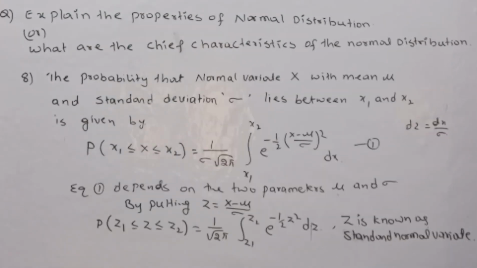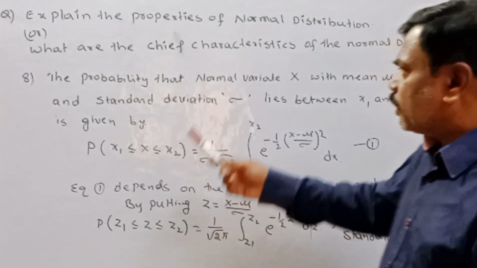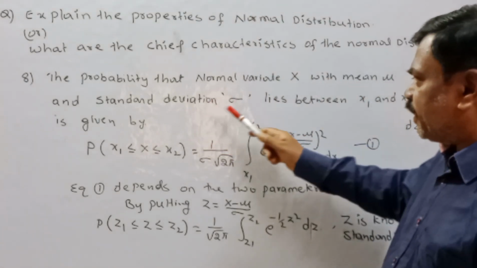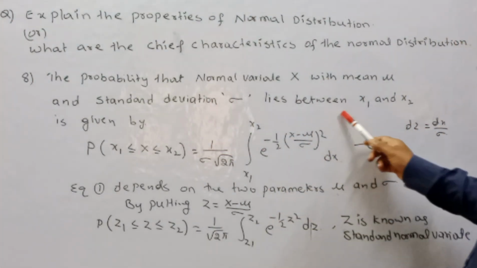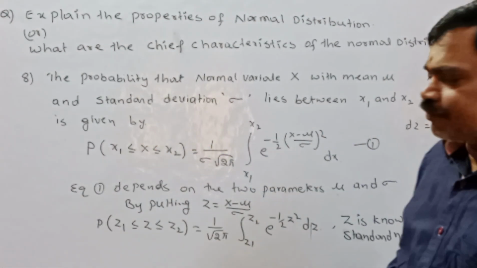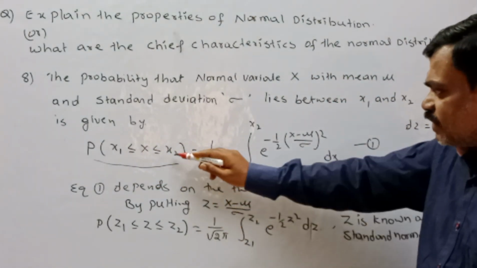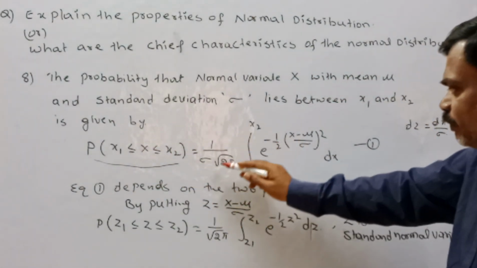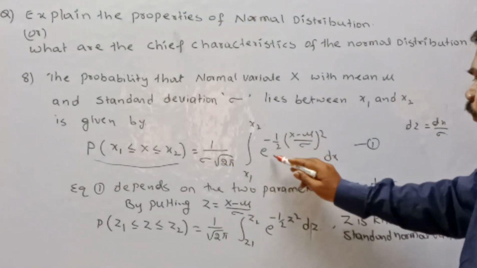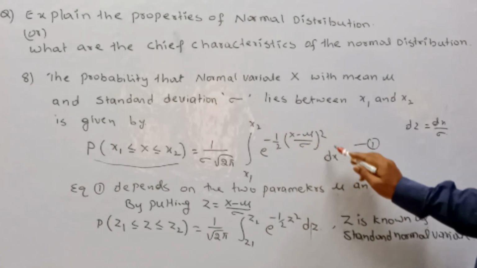Here is the eighth property of the normal distribution. The probability that a normal variate x with mean mu and standard deviation sigma lies between x1 and x2 is given by P of x1 less than or equal to x less than or equal to x2 equals 1 by sigma root 2 pi, integral from x1 to x2 of e power minus 1 by 2 of (x minus mu by sigma) whole square dx.